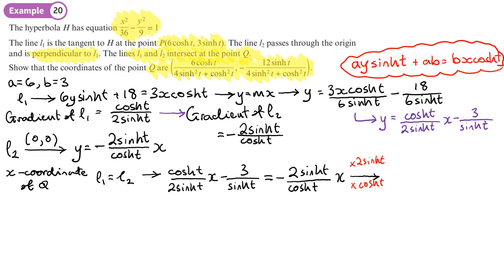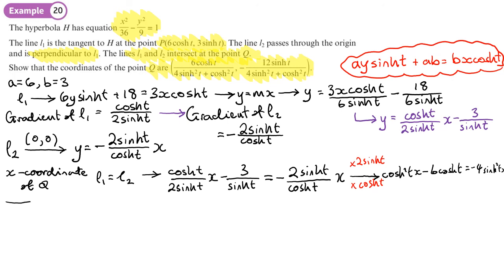So cosh squared t x minus 6 cosh t equals, and then minus 2, sorry, minus 4 because I'm multiplying by 2, so minus 4, it's going to be a bit of a squeeze, sinh squared t x, just about fit that x in there.